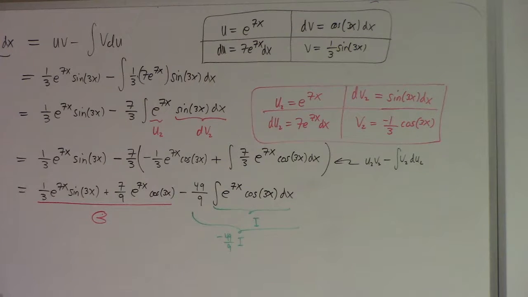So what we've got is that I plus 49 over 9 I is equal to Pac-Man, if I just add that to the other side. Pac-Man, we know, is just a function. So divide by what? 1 plus 49 over 9, this is otherwise known as what? 58 over 9, right?